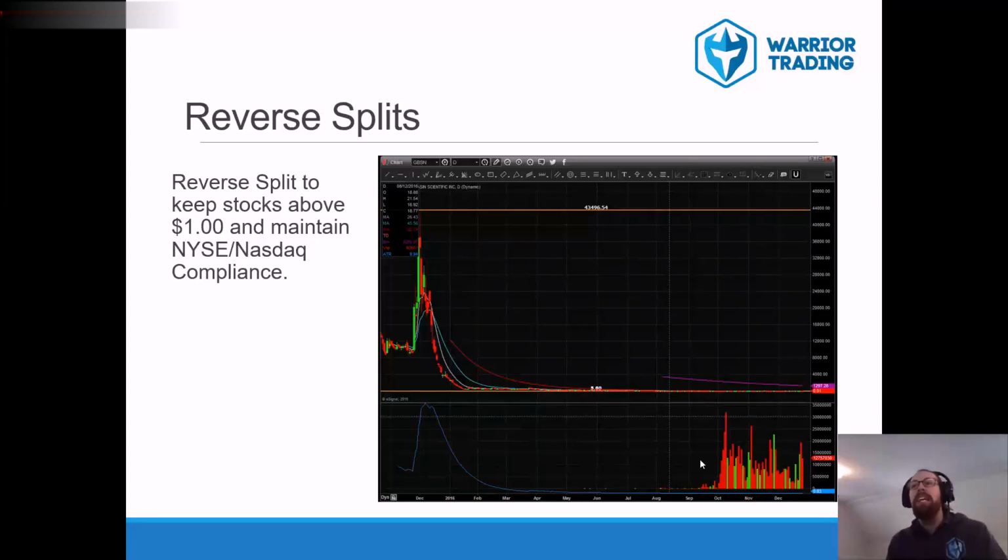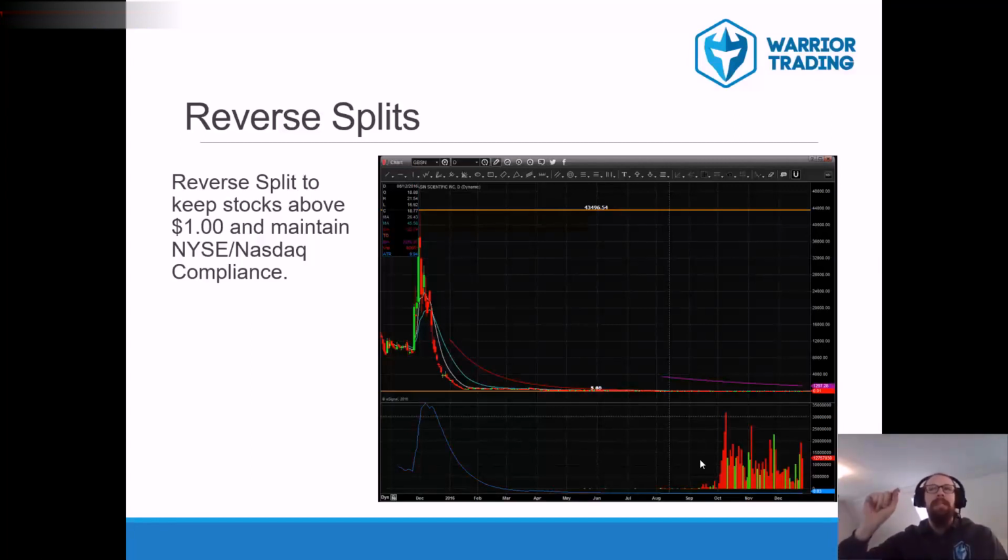For example, if a stock is trading at 50 cents and you're holding 10,000 shares at 50 cents and they do the 10-to-1 reverse split, the next day you'll be holding 1,000 shares at $5 a share. So they've just done a conversion. They've reduced the number of shares in exchange for increasing the price. It's a trade, and you don't make or lose any money when they do a reverse split.